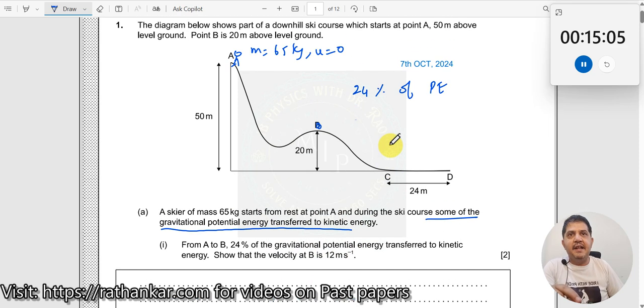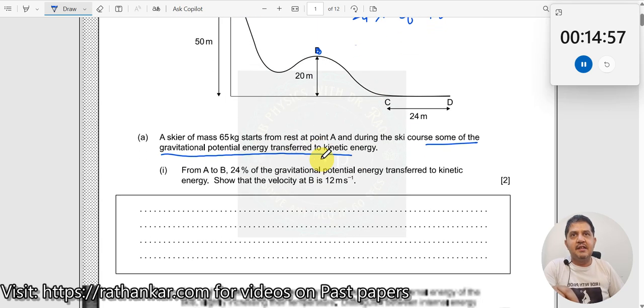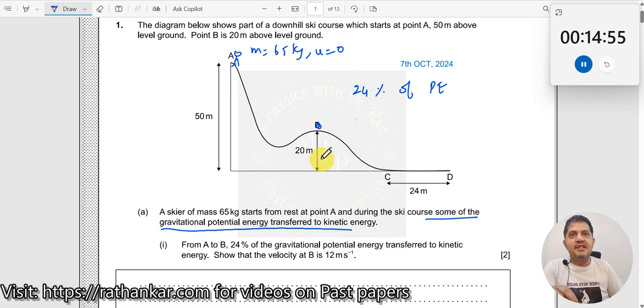Let us first find out the potential energy the person loses, and then take 24% of it. First find the potential energy at A: it is mg times 50, where m is the mass of the skier. Potential energy at B is mg times 20.